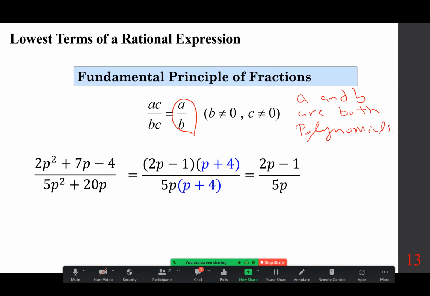The bottom is very clear, 5p is in common. And by the way, the top is really not too bad because 2 is a prime number. And you can come up with the answer. Now 2p squared plus 7p minus 4. You'll see the factoring in case you forgot.